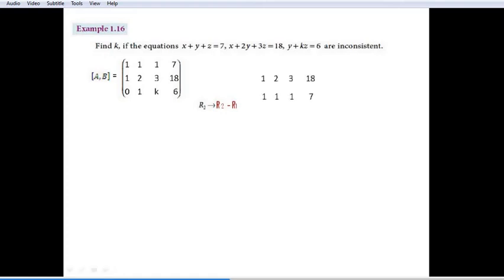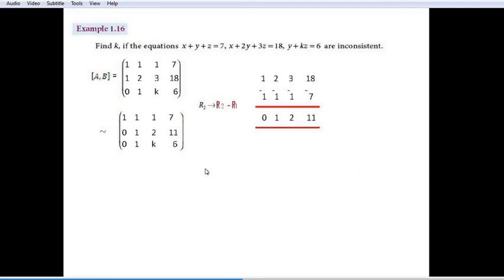R1 is 1, 1, 1, 7. Subtracting them, we get 1 minus 1 is 0, 2 minus 1 is 1, 3 minus 1 is 2, 18 minus 7 is 11. Then write the equivalent matrix: no change in R1, in R2 write 0, 1, 2, 11, and in R3 write 0, 1, k, 6 as it is.